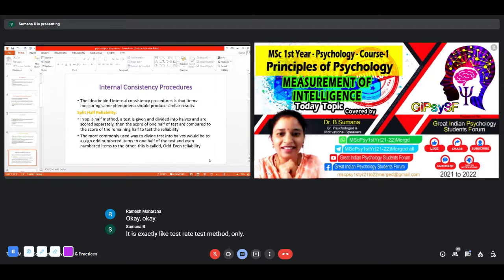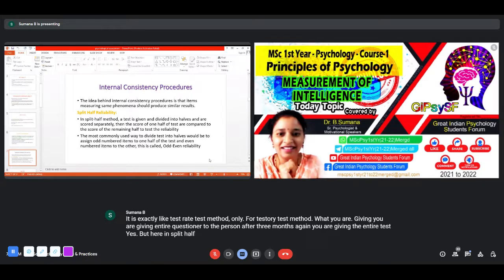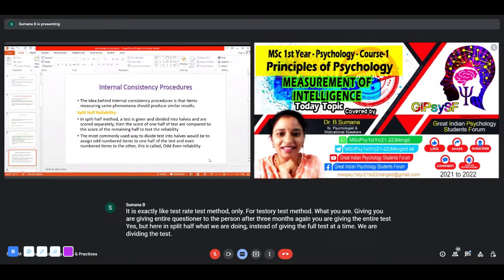In the test retest method, you give the entire questionnaire to the person, and after 3 months you again give the entire test. But here in split half, instead of giving the full test at a time, we are dividing the test into two halves.